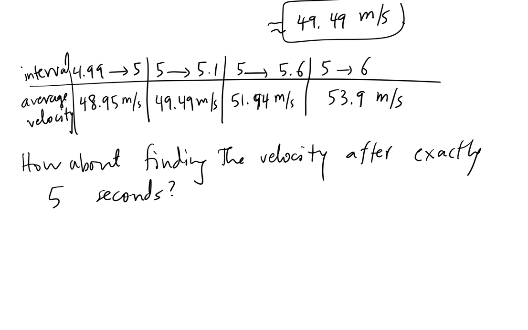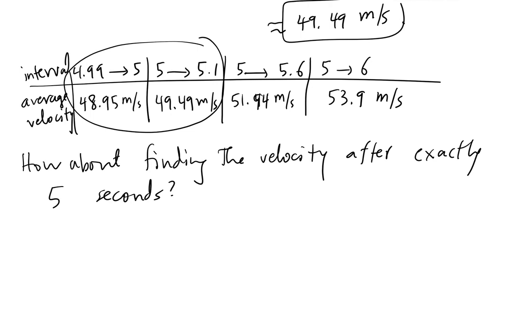What can be a good guess that we can conclude? If we look at these two, these are the ones that are closest to 5. What can be the velocity after exactly 5 seconds? If you look at the first one, 4.99 to 5, over that interval it was 48.95.